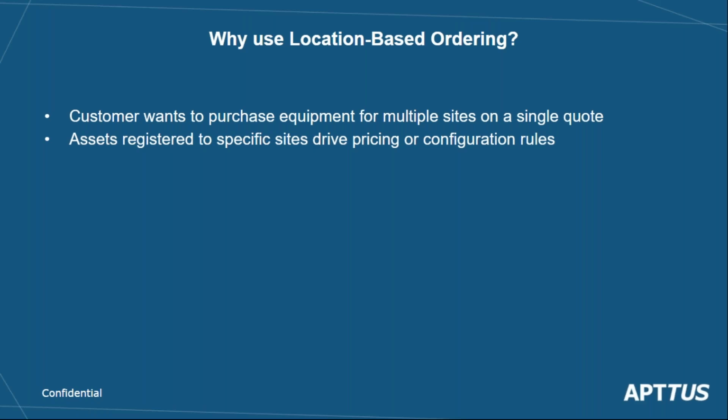You can add these locations, and then assets registered to specific site drive pricing or configuration rules. So certain products that are registered based on the location, we can also have some kind of rules running out of those locations. So that is why we can use them.